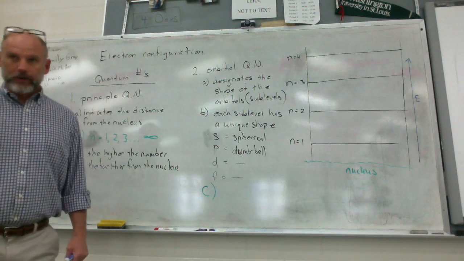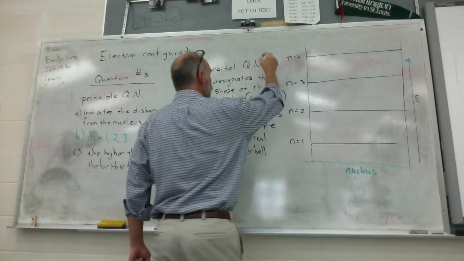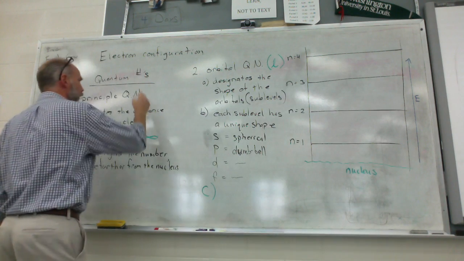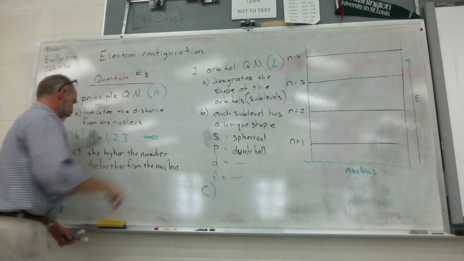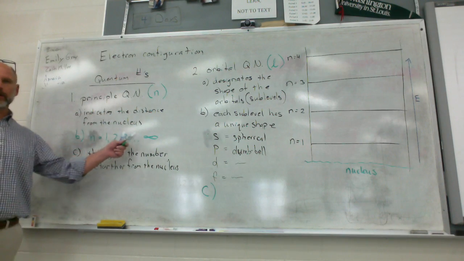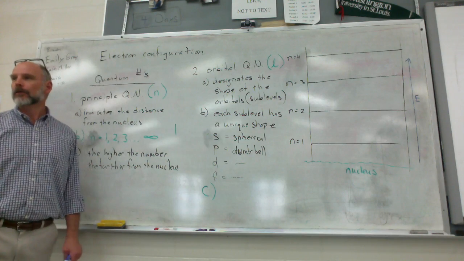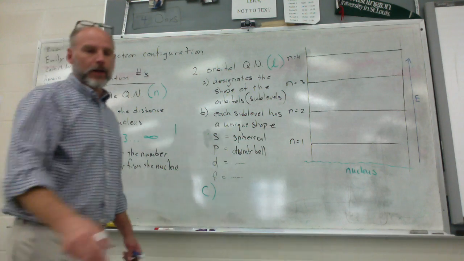The symbol for the orbital quantum number is L. Obviously, for the principal quantum number, it's N. We already talked about N equals 1, 2, 3, and so on. The symbol for the orbital quantum number is L, lowercase l. I always do script so you guys don't think it's a 1, okay?